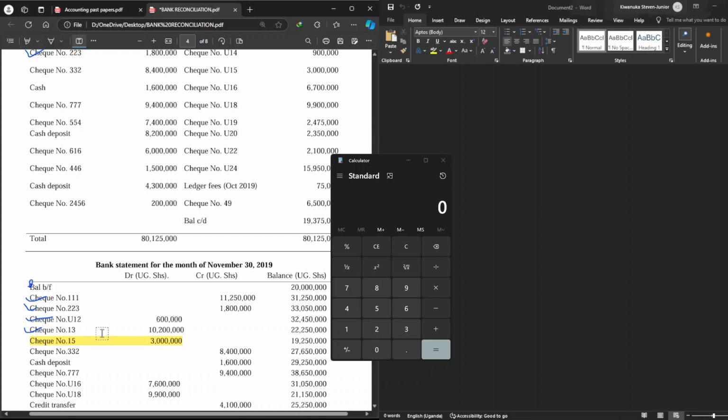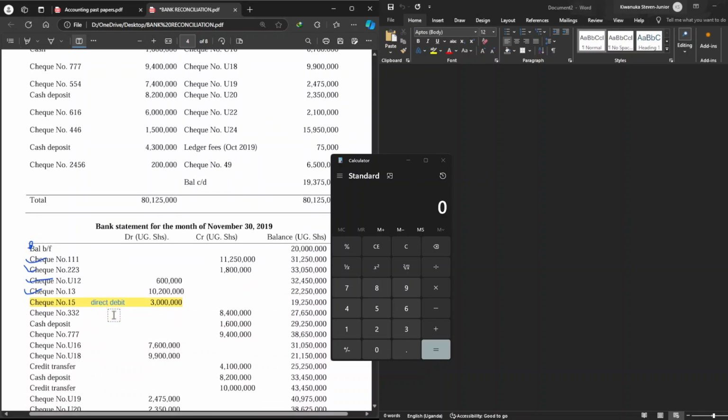Here we see that this amount, the 3 million, is here and it is debited. It means they did a direct debit, and in our account, in our cash book, we're supposed to... this is called a direct debit. It means they reduced in the bank, direct debit. And we'll have to correct that.